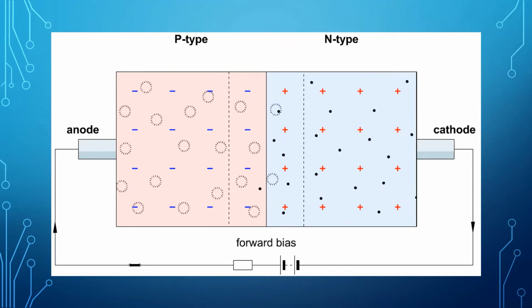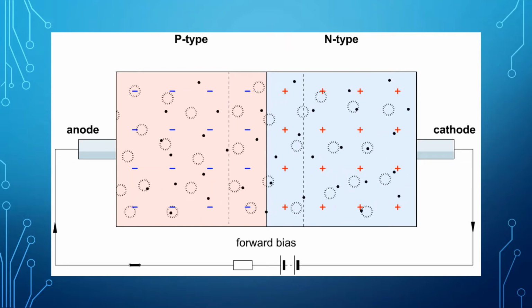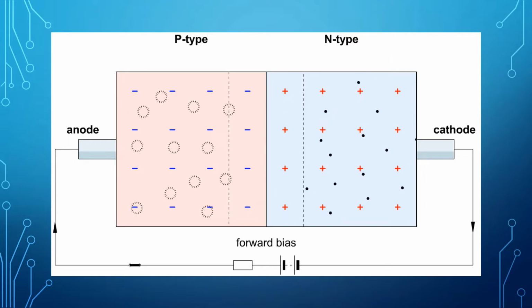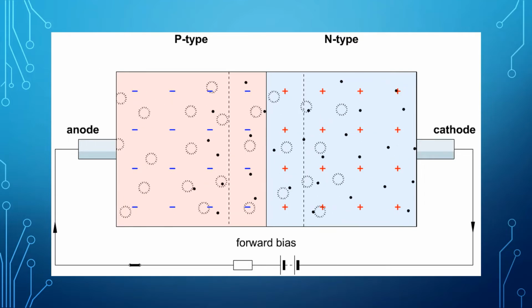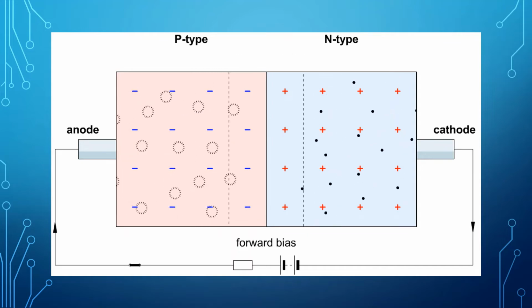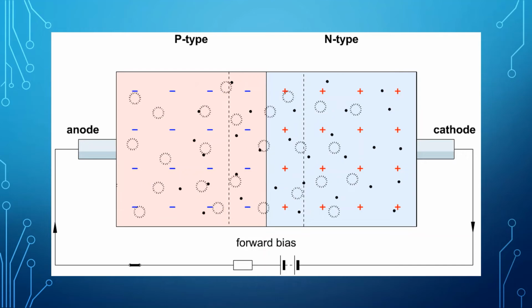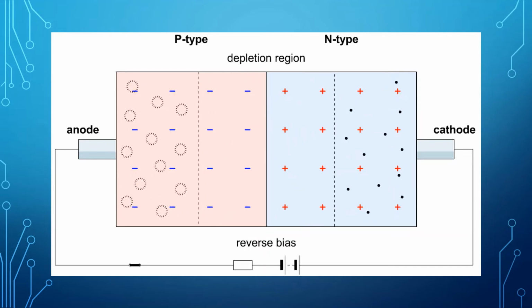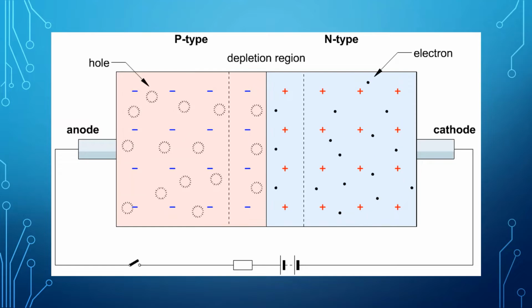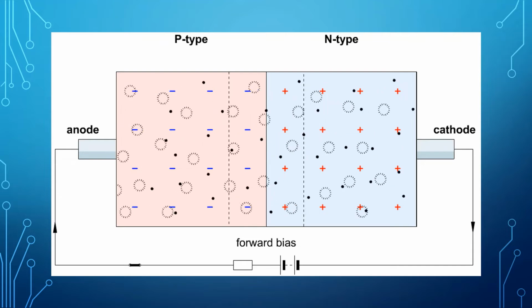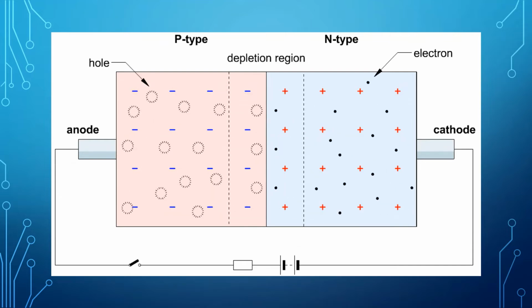Diodes are made of P-type and N-type materials. Here is an example of how the holes flow to the N-type material and the electrons flow to the P-type material. When this comes to an equilibrium, it will form a depletion region in the middle, which also forms a potential barrier, preventing the holes and electrons from flowing over the diode.